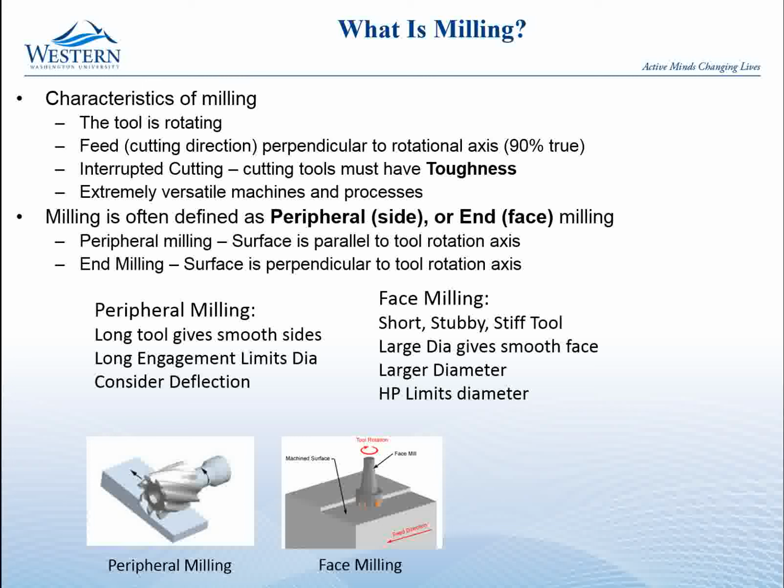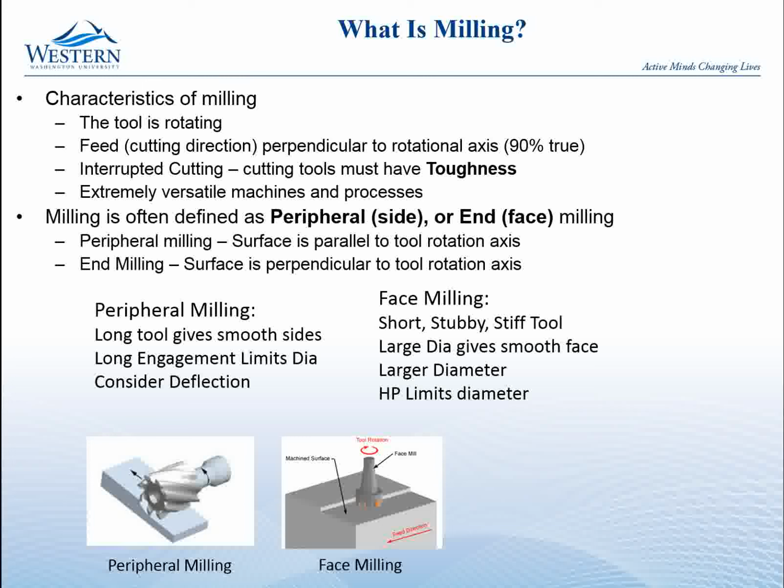On face milling, you generally have a very short, stubby, stiff tool, and so that's great for really getting a fine surface. You also have a large diameter, so with a large diameter, the cutting speed can be quite high without a large RPM or spindle speed. And then also because you have this large diameter, it can often overlap a lot of the surface, and so you get a pretty smooth face.